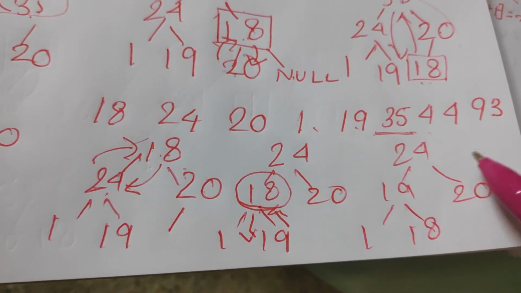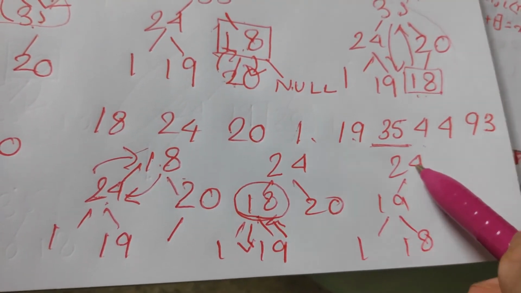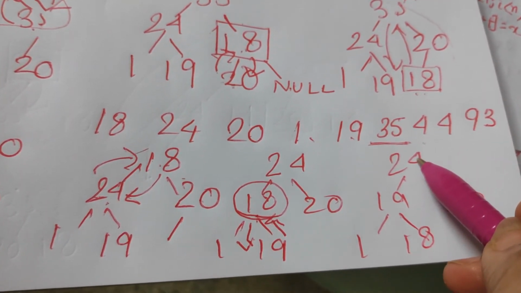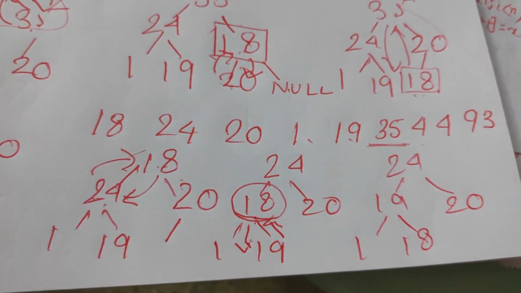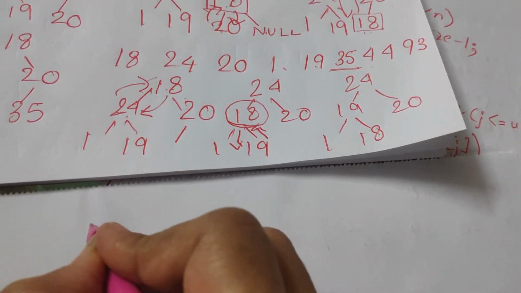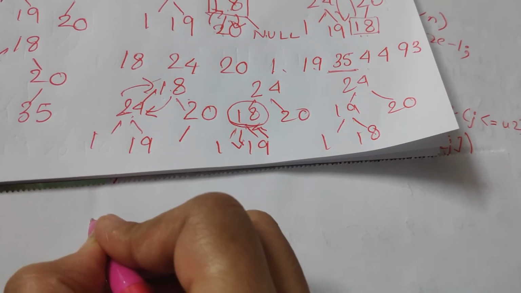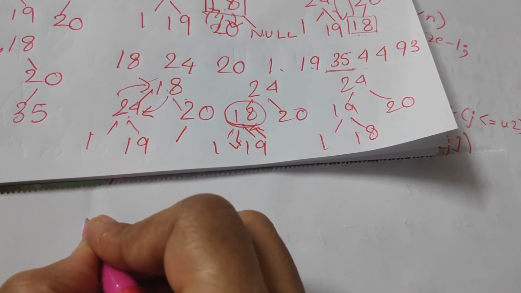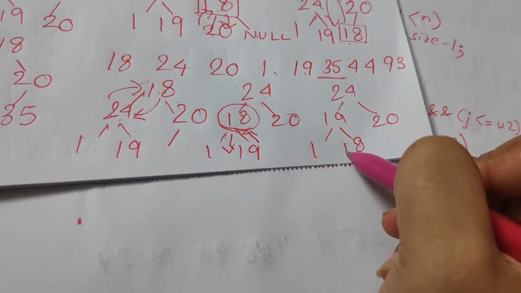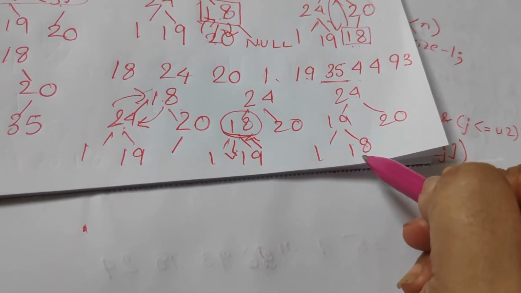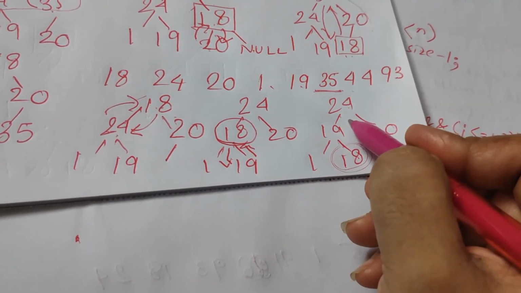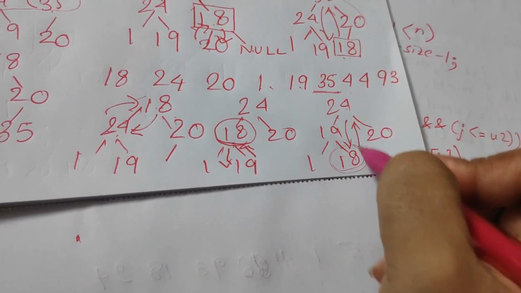So again as we see, 24 has got its position in the root of the tree. So now the array has become, now we will replace this 24 with 18. The last leaf of the tree is 18, so we will replace 24 with 18.